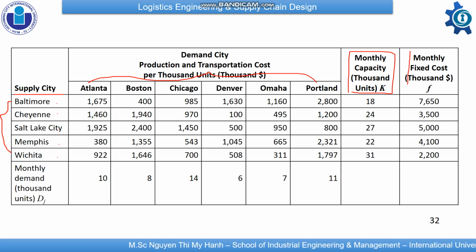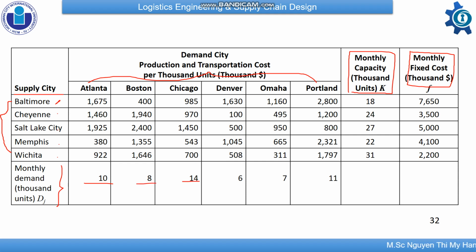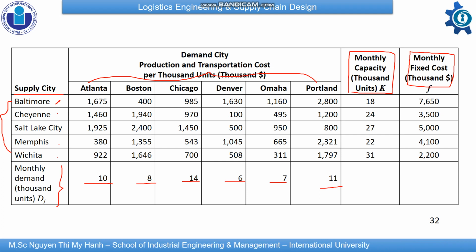And here is the monthly fixed cost of opening the factory in each city. We also have the monthly demand for each market. So please write down the objective function and constraints, and use Solver in Excel or LINGO or CPLEX to find the solution, then submit it to Blackboard.